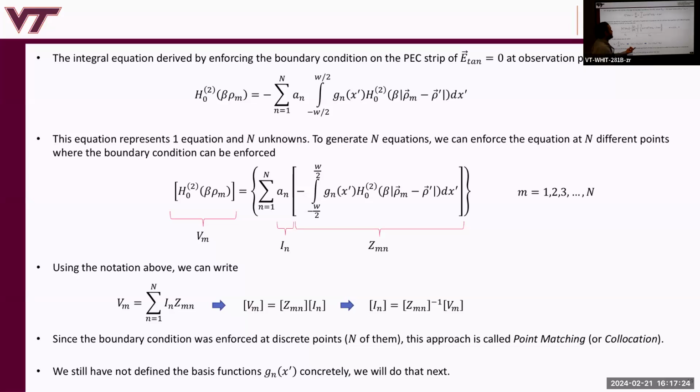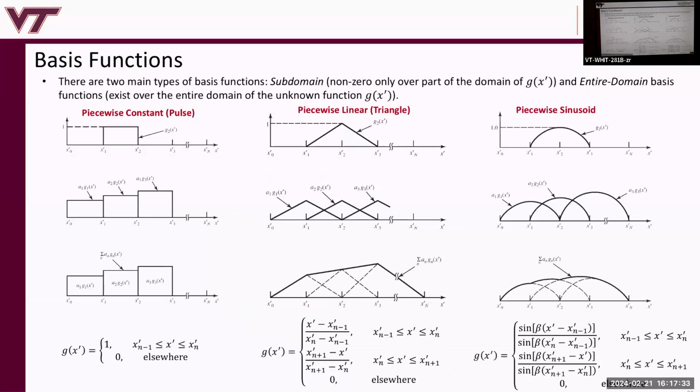All right, so we still haven't chosen the basis functions yet. We can choose from many different sets. There are two main types: subdomain, where they're non-zero only over part of the domain of g of x. G of x is a function that encompasses the entirety of the scatterer, from minus w over 2 to w over 2 in this case.